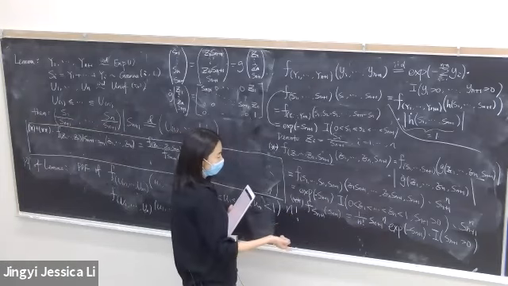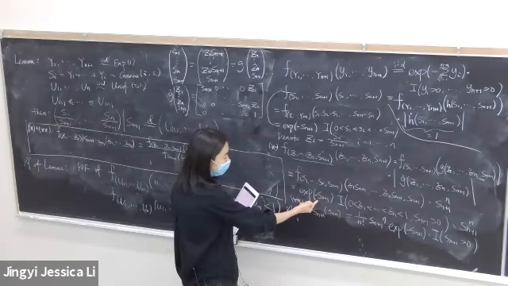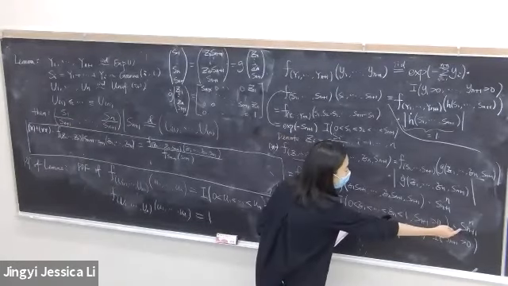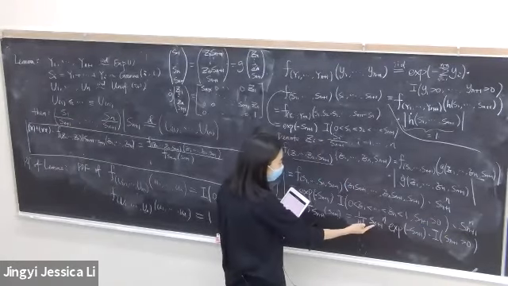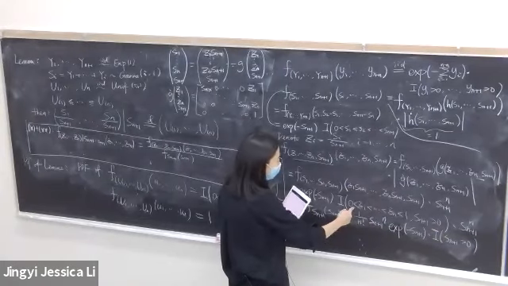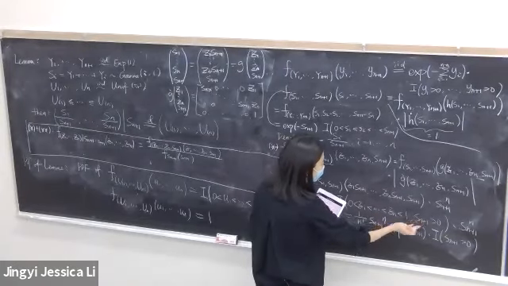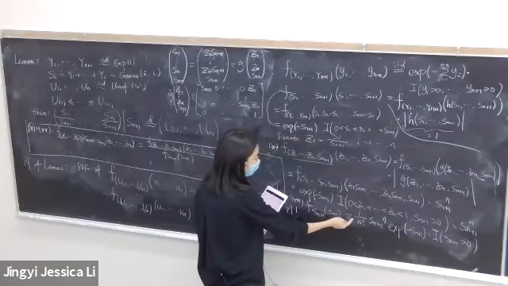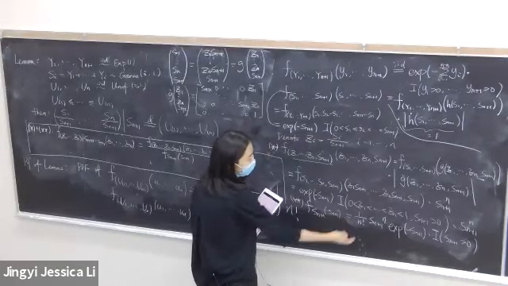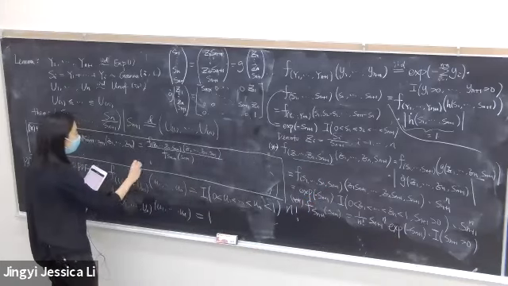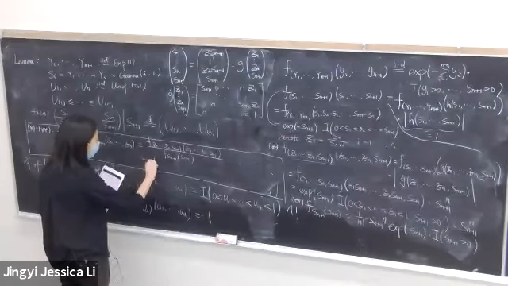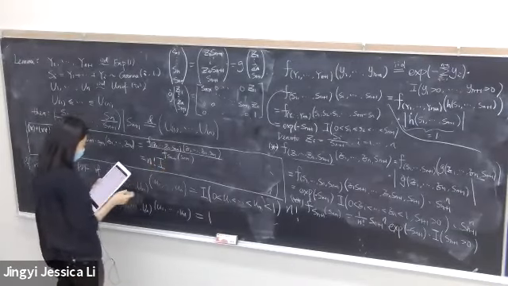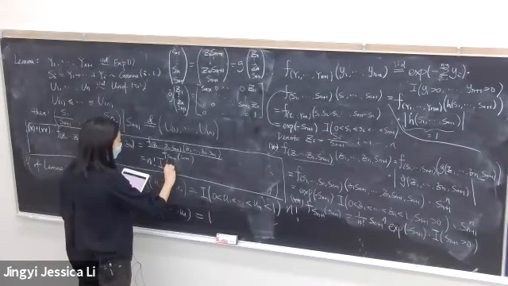We have a lot of cancellation. Exponential negative Sn plus 1 will go away with this. This power Sn plus 1 to power n will go away with this, right? And also, this indicator function, when this holds, this must hold, right? So therefore, it's just 1 divided by 1 over n factorial. So therefore, we have n factorial, and also the indicator function, we need it.